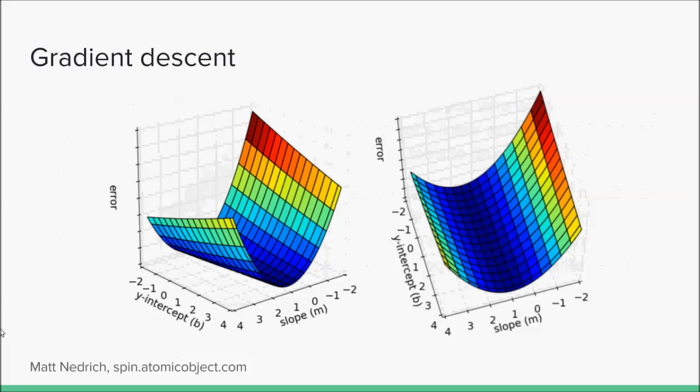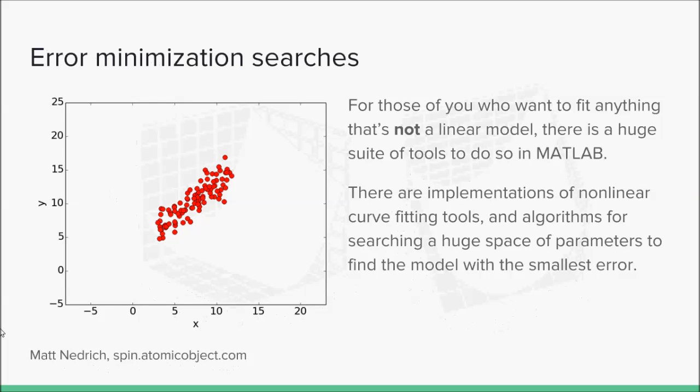So as a very high-level conceptual overview, the way that a lot of these algorithms perform the search is through gradient descent. So basically, this is the 2D sheet that is then folded into a 3D error surface for the data that I showed you previously. So the two dimensions here are x and y.